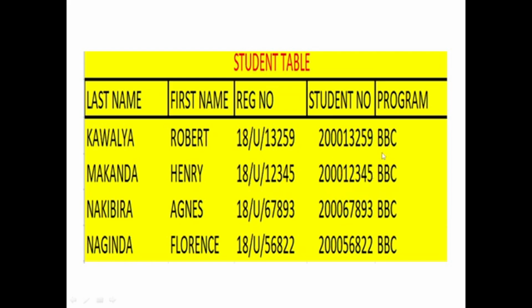And then there is what we call not null. Not null means if we have registered a student, we should know the program that student is doing. That's a not null constraint.